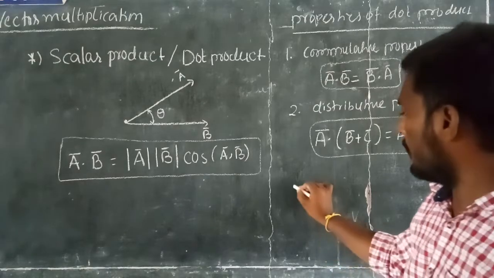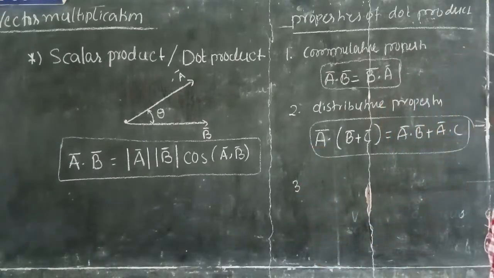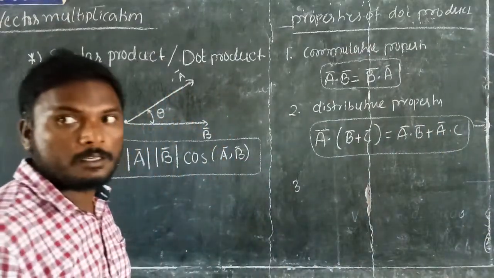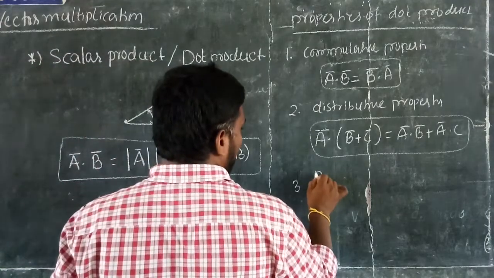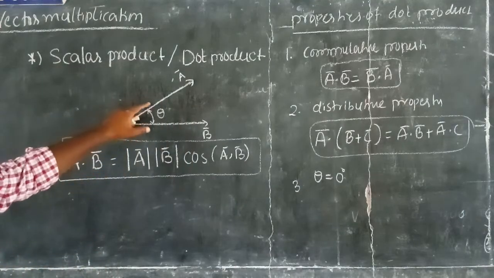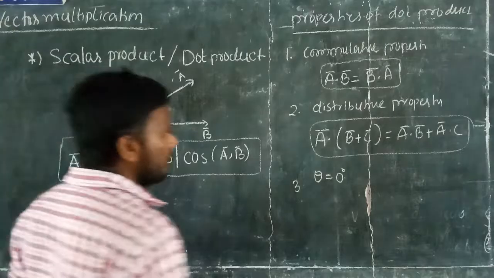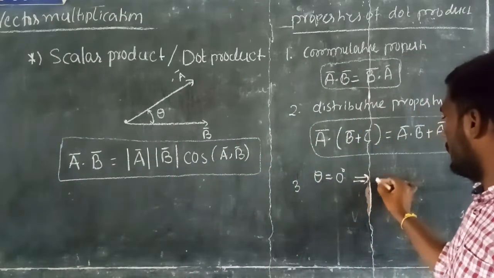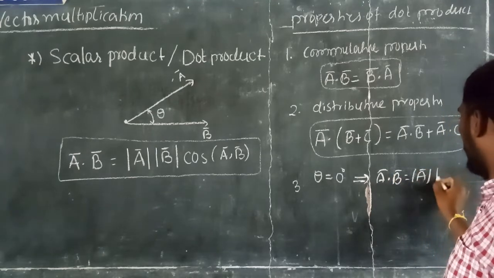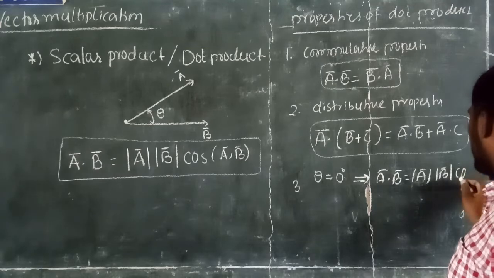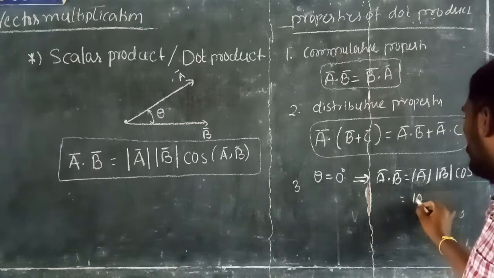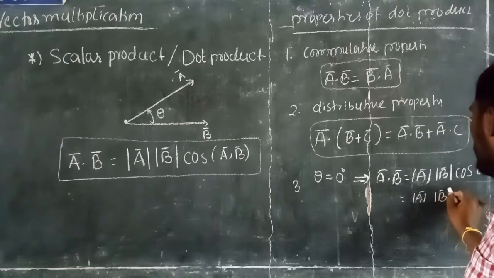The third property: if vector A and vector B are parallel to each other, the angle between them is 0 degrees. Then A bar dot B bar equals the magnitude of A bar times the magnitude of B bar times cos 0. Cos 0 is 1, so the result is the product of their magnitudes.